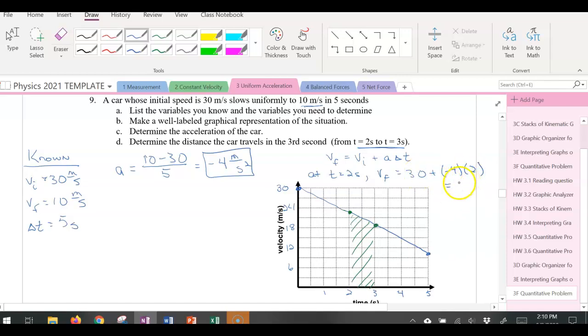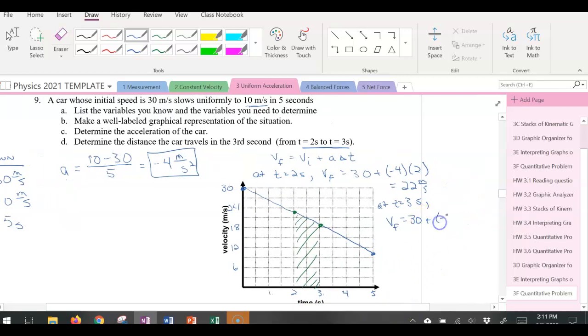So it would be 30 minus 8, which is 22 meters per second. At t equal 3 seconds, the velocity would be 30 minus 12, which would be 18 meters per second. So I do know now those green points, and so I could find the area.